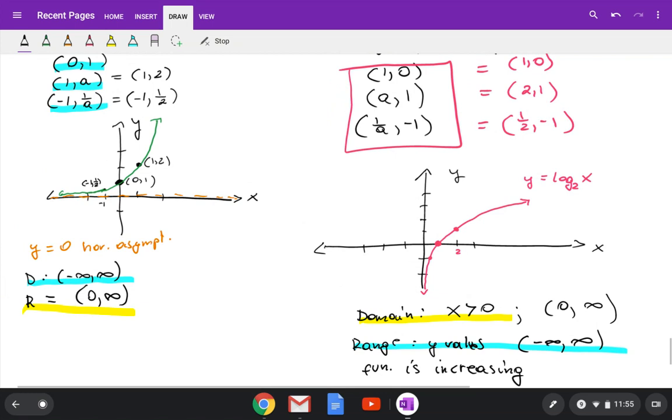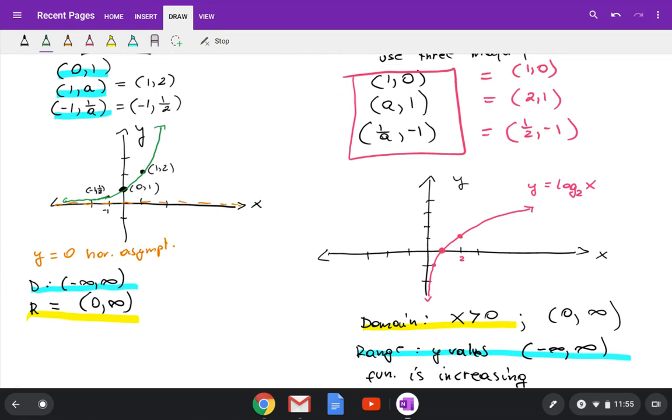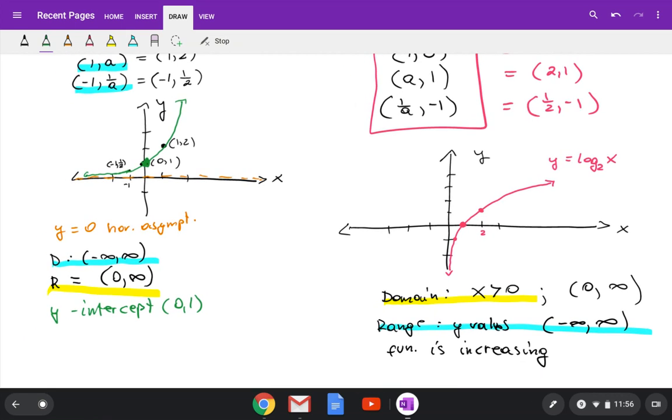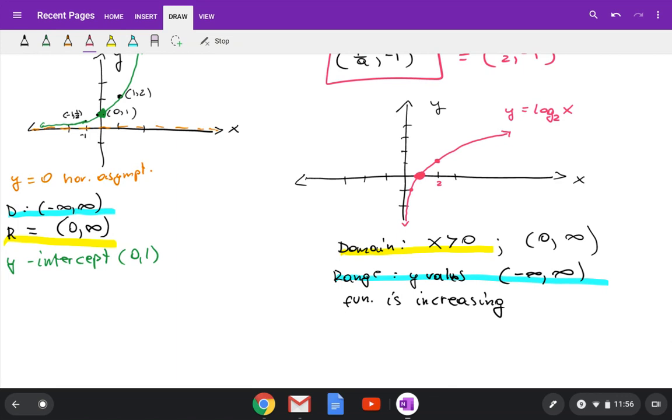Let's compare. The exponential function had y-intercept (0, 1). Our logarithmic function has x-intercept (1, 0). No y-intercept.